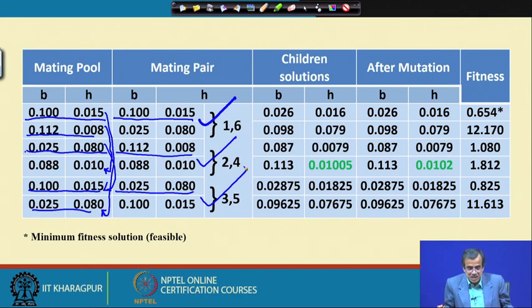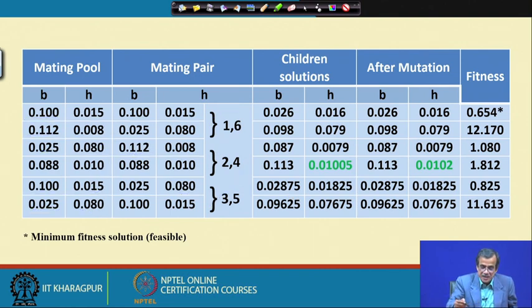Now, how to participate in the crossover operator and how to get the children solution, that I am going to discuss in detail before I concentrate here on this particular table. So, let me try to find out the detailed calculation of how to get the children solution, and let us first concentrate on the first mating pair, that is B equals 0.100 and second B equals 0.025.